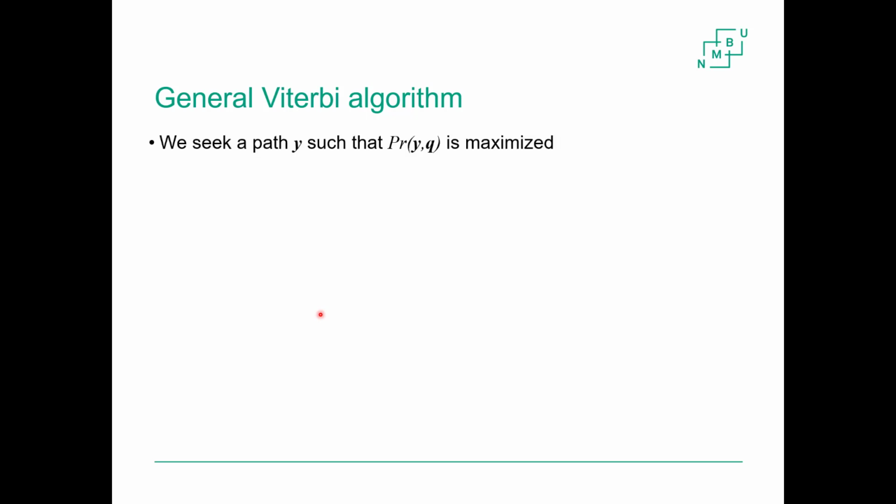Now the Viterbi algorithm, what is it that we actually seek? We seek a path Y such that the probability of this path and the sequence together is maximized, right? And this is really important. We look for the maximum probability, the largest possible probability we can find of having a path together with the sequence.